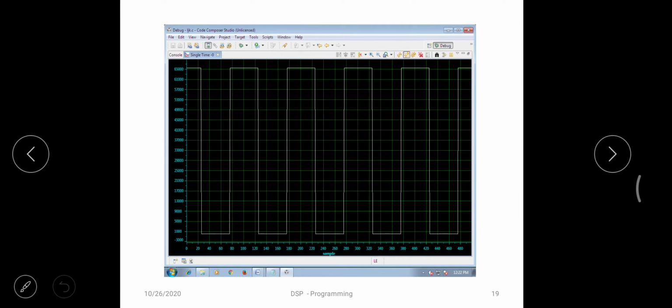This is 0 to 50, this is 50 to 100, this is 100 to 150 and 150 to 200. It keeps on executing. Based on the simulation stop time, your program may terminate. This is the square waveform generation.